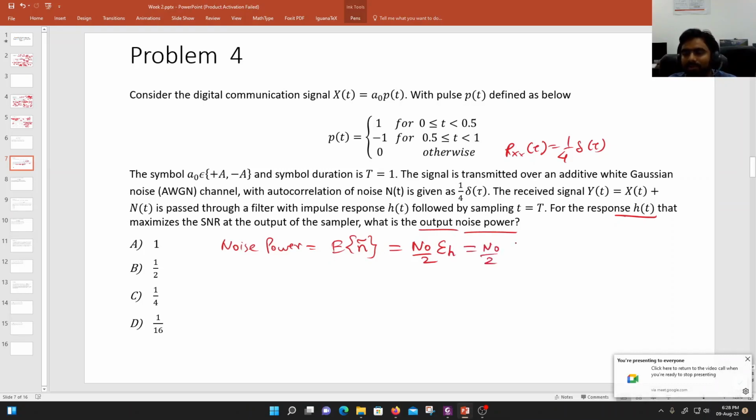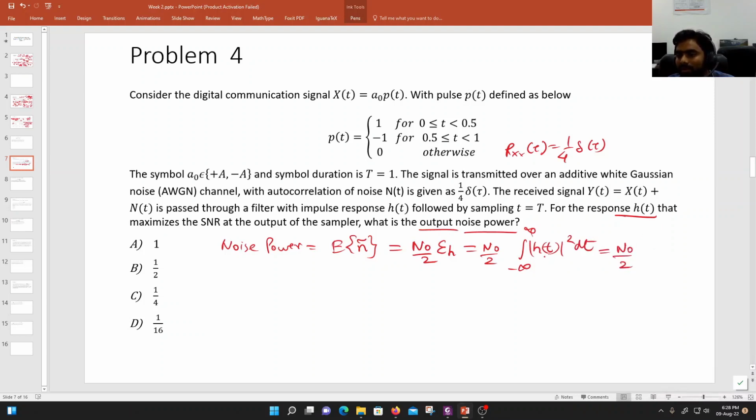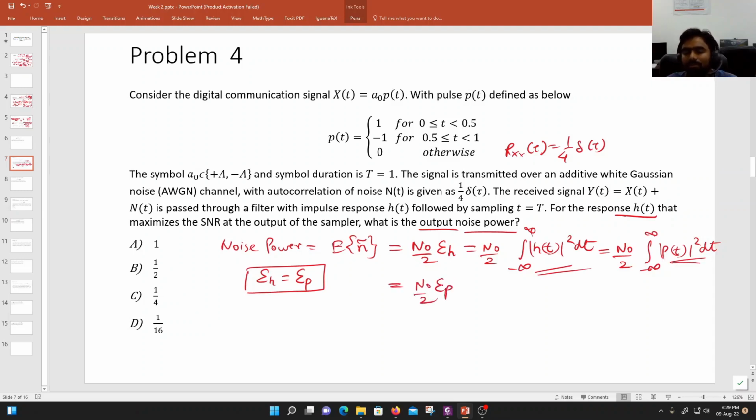The energy of the filter is the integral from minus infinity to infinity of h(t) squared dt, and further you can simplify it as the integral of p(t) squared dt. It would be the same. It is to be noted that the energy of the filter h and the pulse p is the same. This is the key result. Both are the same. So finally you can write N0 by 2 times E of h or E of p, both will be the same.